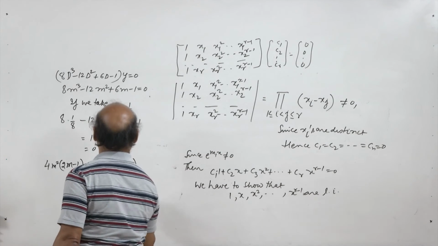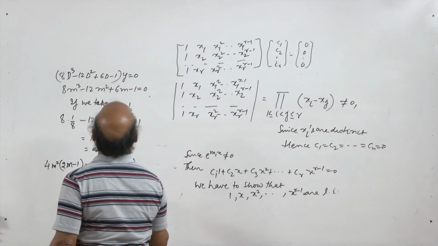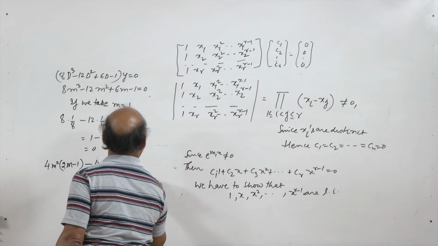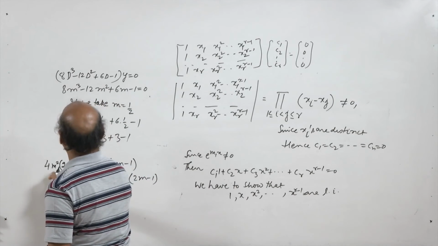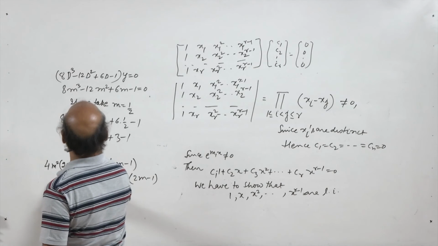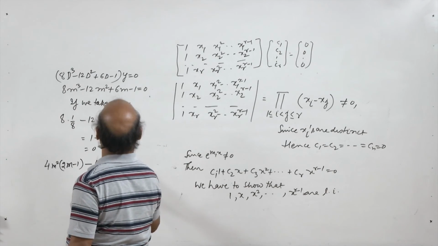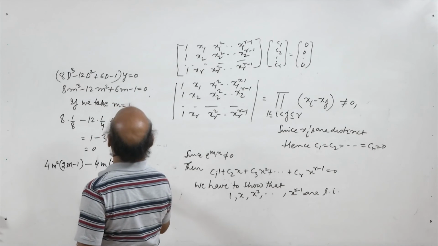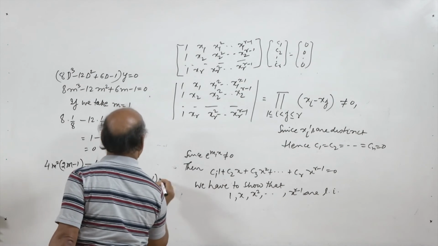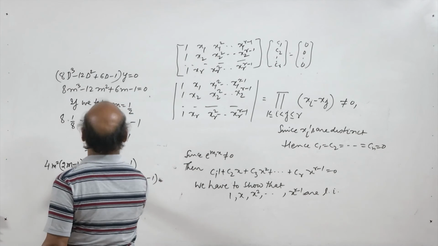How much do we require? 8m cube minus 4m square minus 8m square, so minus 12m square plus 4m, so minus 4m, so 2m minus 1. This is how we have factorized this.